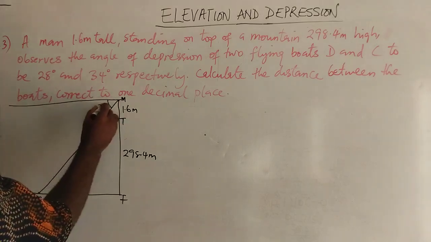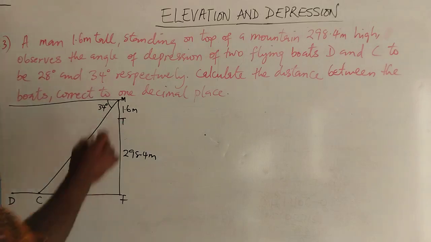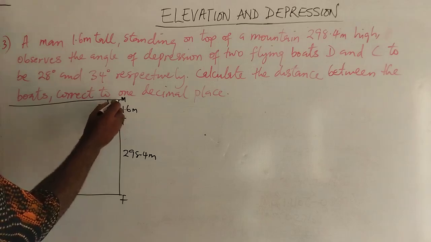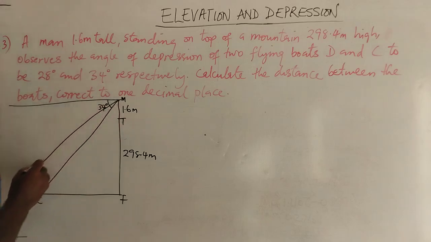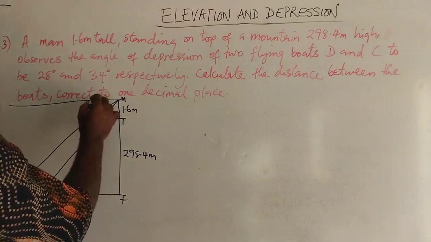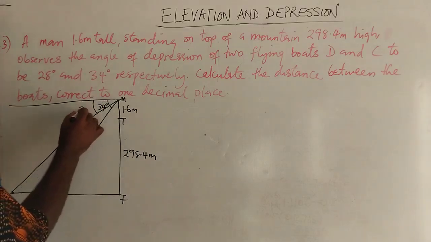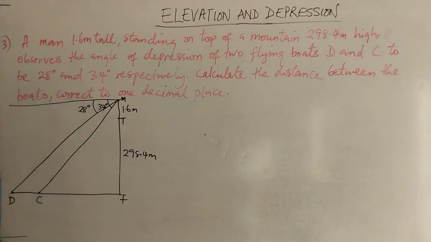So we'll have 34 degrees here. The same man observes another flying boat, D. The angle of depression is between the normal and the depression line, and that is 28 degrees.